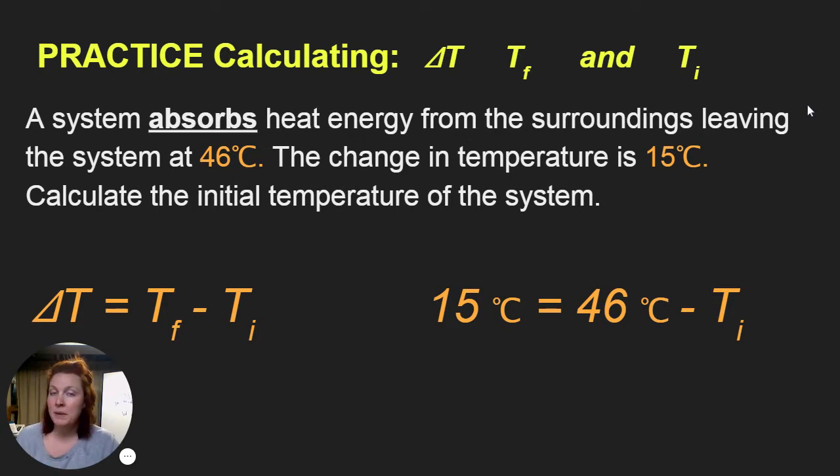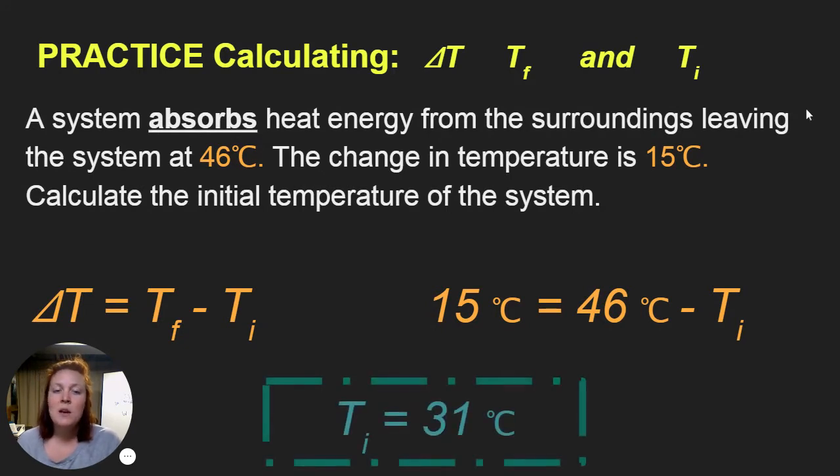You would subtract 46 degrees Celsius from both sides, and then divide both sides by negative 1 to get T initial by itself, which gives you positive 31 degrees Celsius. This makes sense because we are absorbing heat energy. Therefore, we should have a positive heat value, positive temperature.